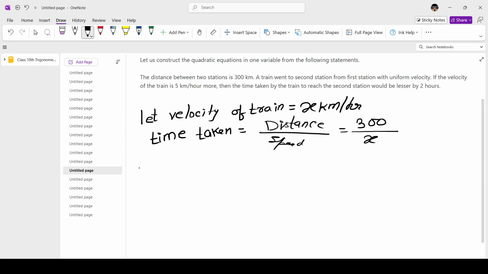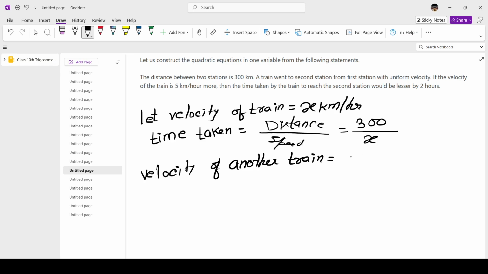Okay, now the same thing, the velocity of another train. So another train is x plus 5.